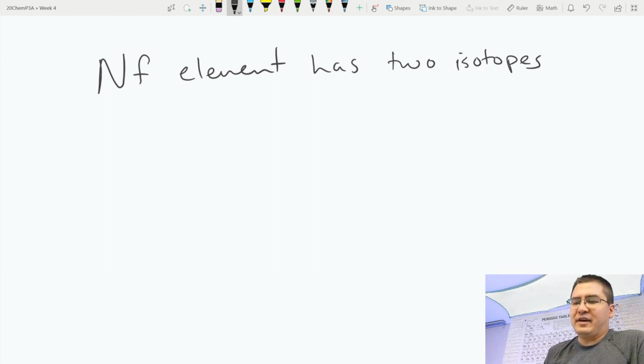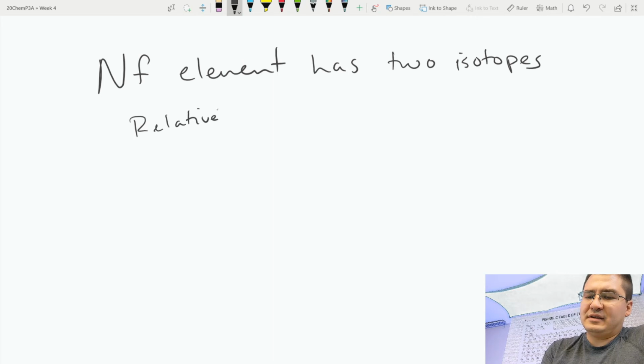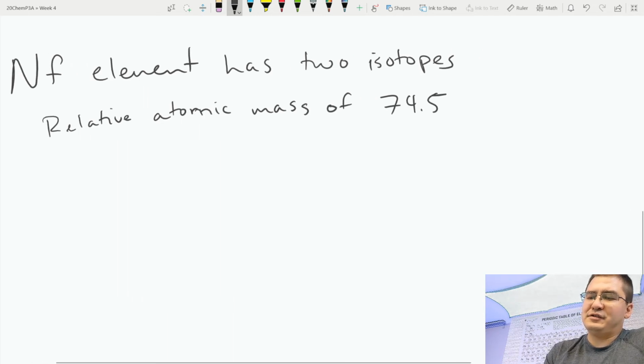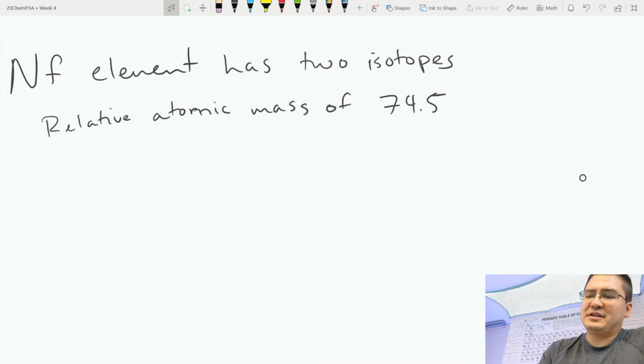Let's say it's got a relative atomic mass of 74.5, and the 2 isotopes that exist are, let's say, 73 and 75.